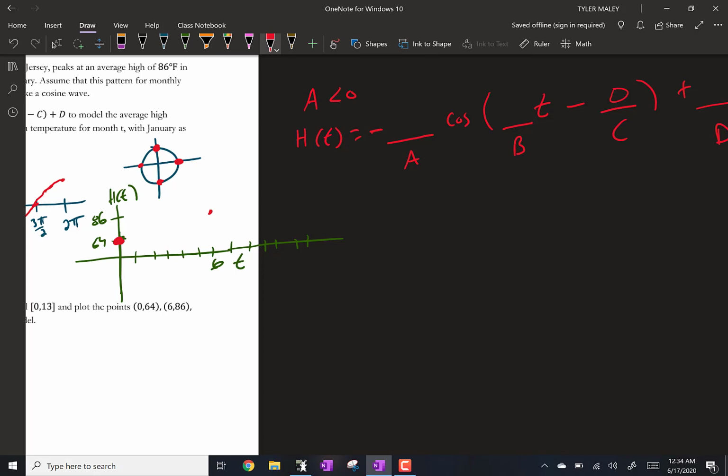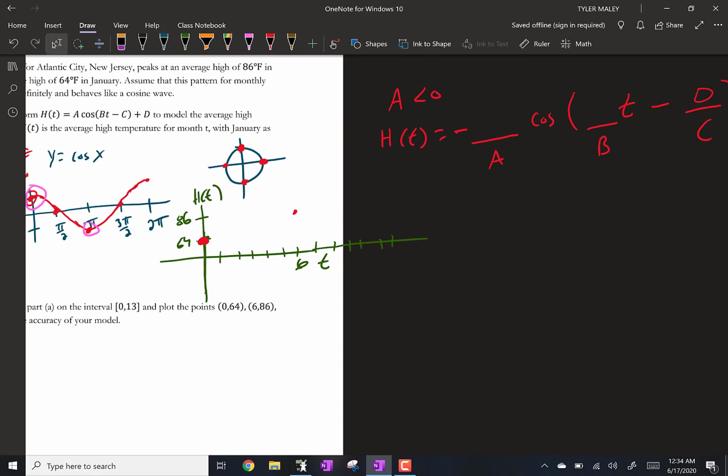Another thing we need to define is the amplitude. The amplitude would be half of this distance I just marked in red. So a is going to be equal to 86 minus 64 divided by 2, half the distance from the tallest point to the smallest point.